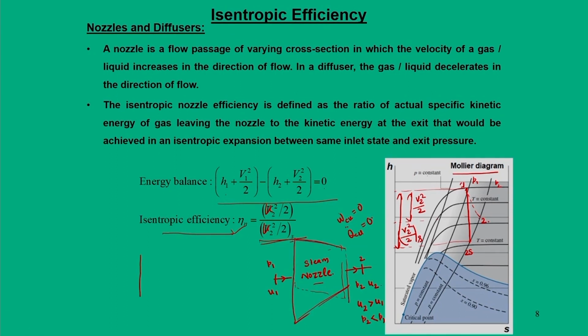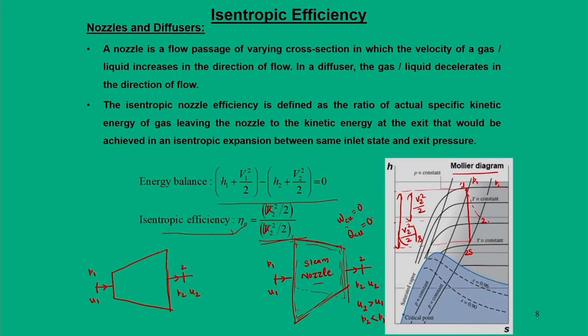So, this is the diagram for a steam nozzle, where the initial area is larger than the final area. For a diffuser, the final area is larger than the initial area.